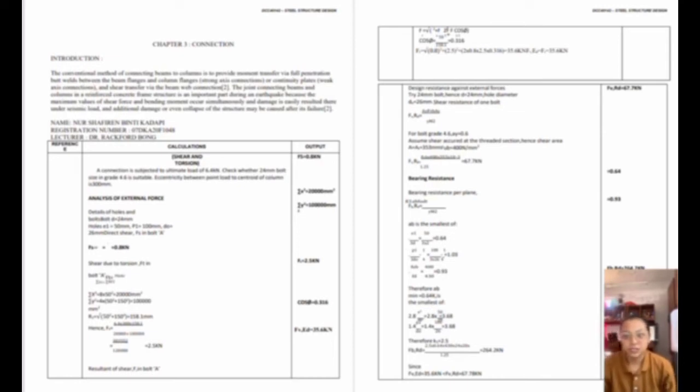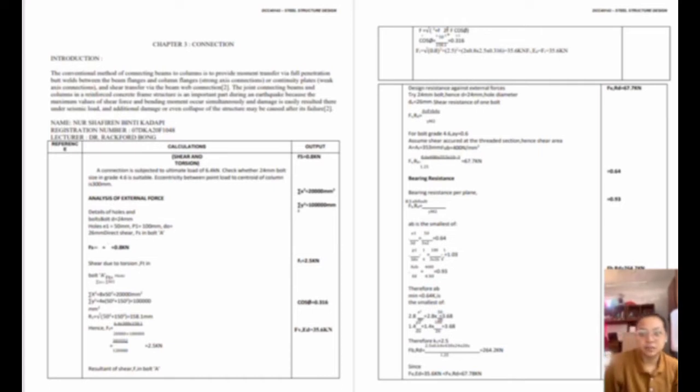This is the calculation of shear and torsion. A connection is subject to an ultimate load of 6.4 kN. Check whether a 24 mm bolt size in grade 4.6 is suitable. Eccentricity between the point load and the centroid of the column is 300 mm.